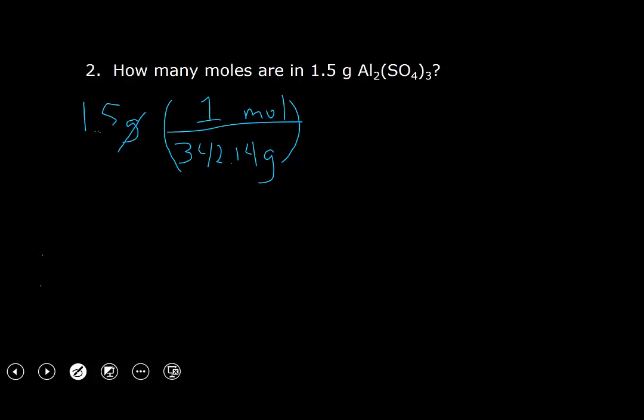So we're going to do 1.5 divided by 342.14 grams, and we are going to get 4.4 times 10 to the minus 3. We have 2 significant digits right there, so our answer needs to have 2, and that is moles. I will also accept 0.0044.